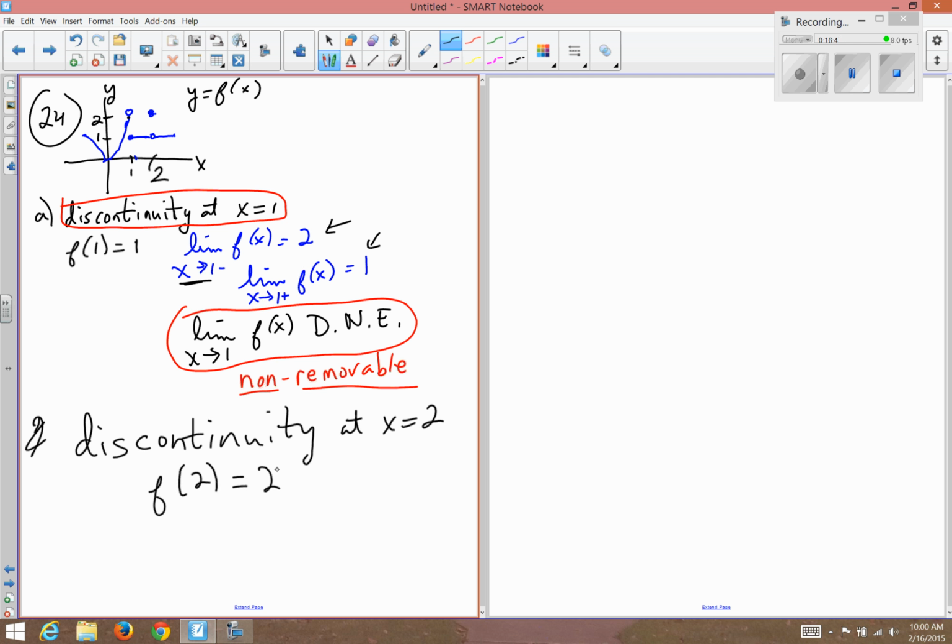I would say f of 2 is 2 because the point 2, 2 is a plotted point. That's the first bullet for continuity. F of 2 does exist.